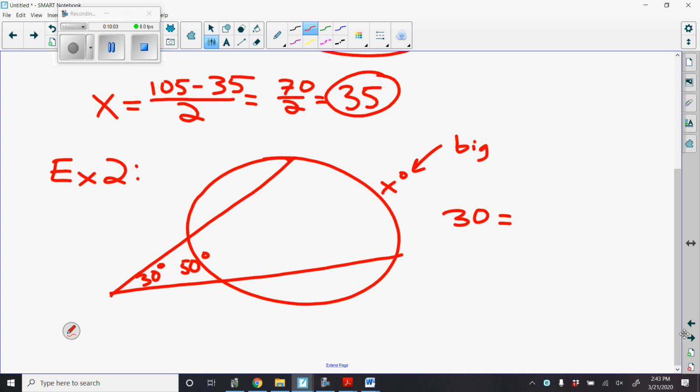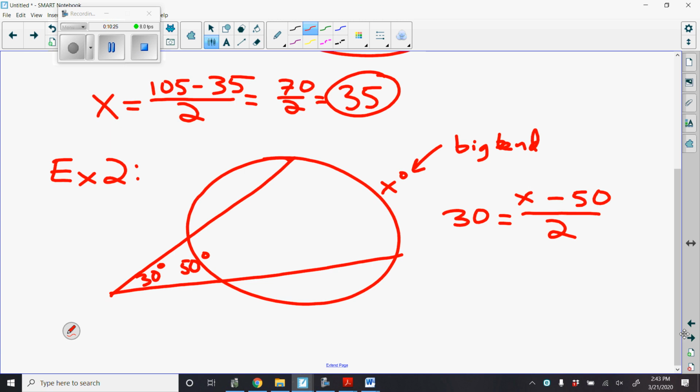This is my big bend. So I've got x minus my little bend, which is 50 over 2. So I'm using the same formula, just my variable or my unknown shows up somewhere different than it did before.